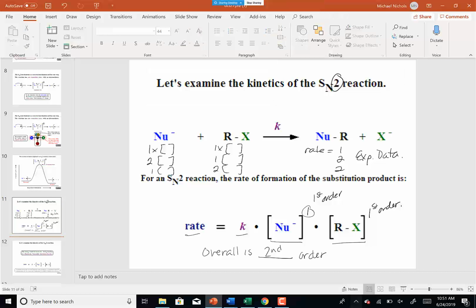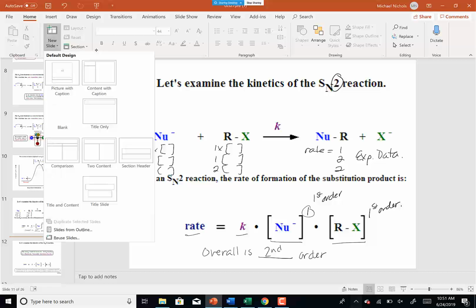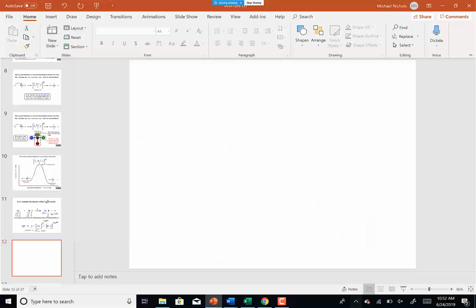And that is, if a reaction of A and B to make whatever it's making has a rate equation equal to k times the concentration of A to the first power times the concentration of B to the first power, that means that we need to define something before we say what it's in.